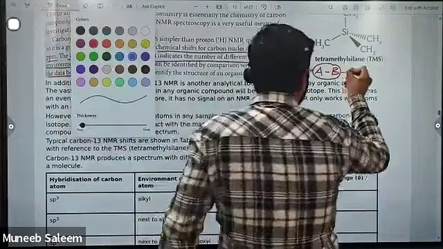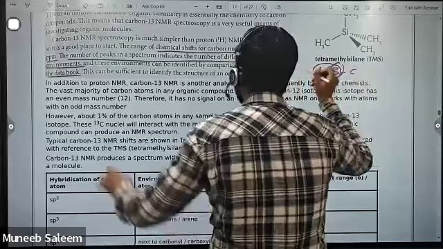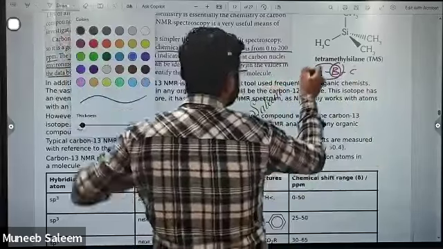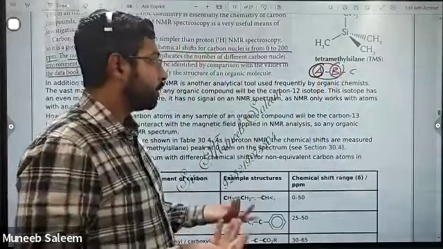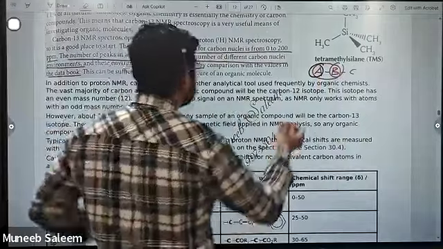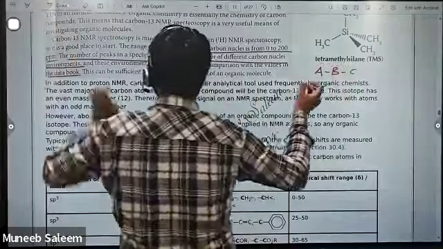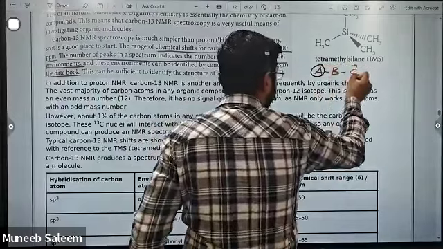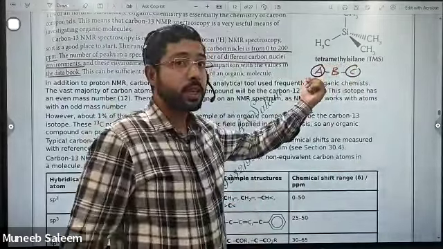For B, both A and C make a different chemical environment, and for A, the whole of BC makes a different chemical environment. In other words, A and C have different chemical environments from each other, because C is connected with B and A is connected with B and C. This is how different chemical environments are produced.